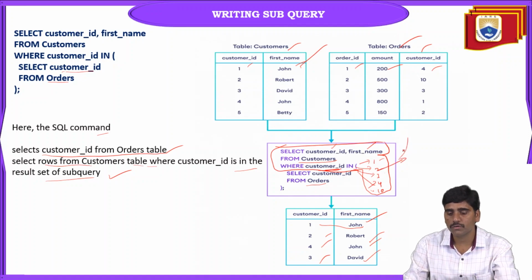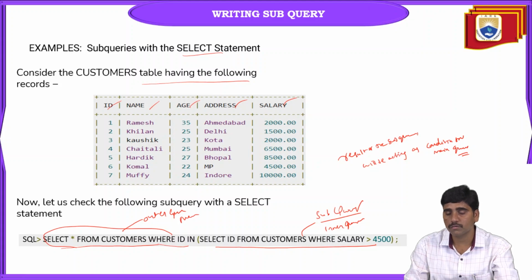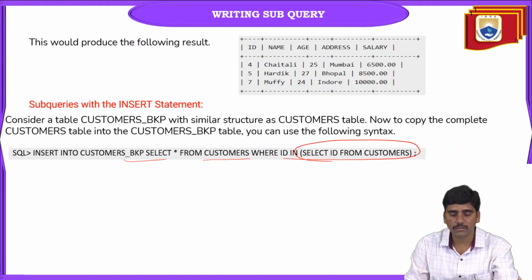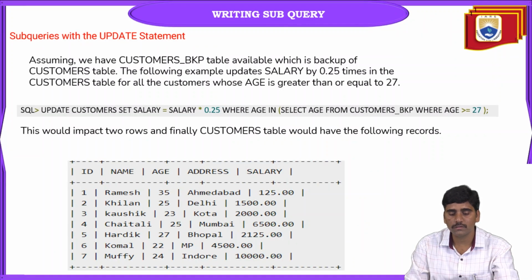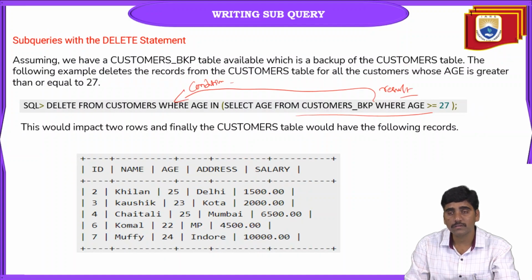From these two tables we retrieve the values, and the result of the subquery acts as the main query condition and displays the result. Here are more examples for the select statement with the update statement, subquery with the insert statement, subquery with the update statement, and subquery with the delete statement.